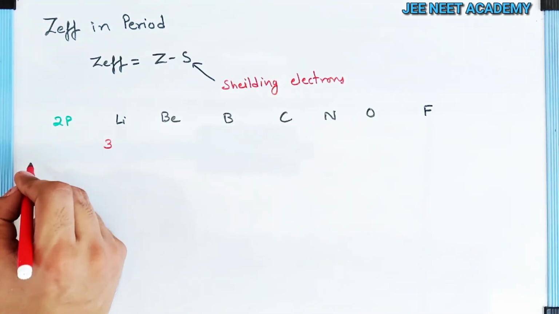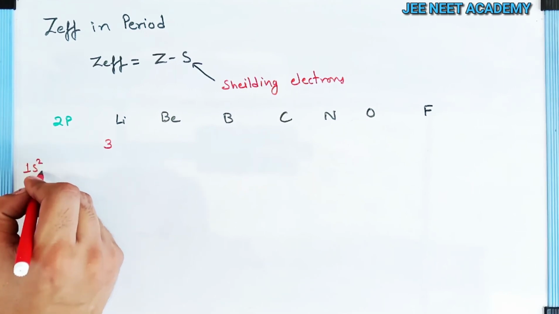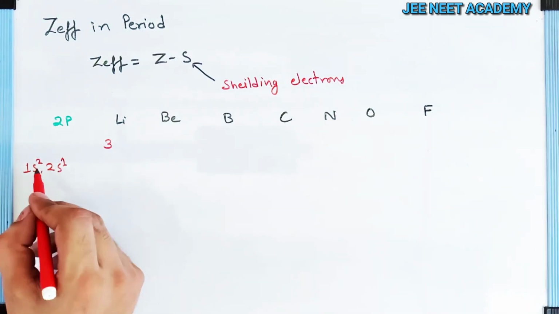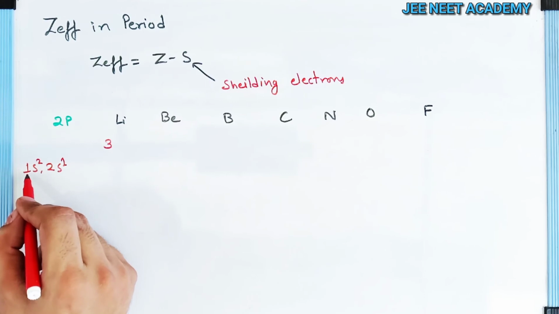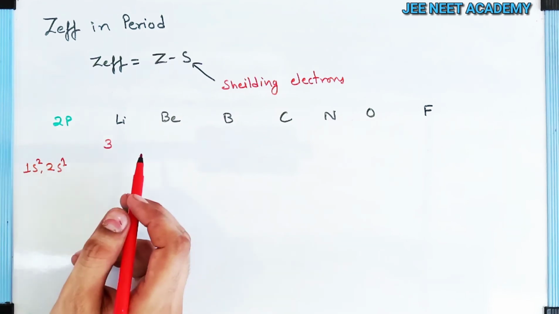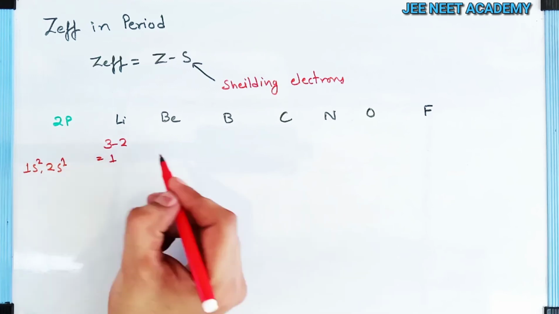From the electronic configuration, 1s2 2s1, you can see 2 electrons are in the first principal quantum number or first orbit, and 1 electron is in the second orbit. So 3 minus 2 is equal to 1.